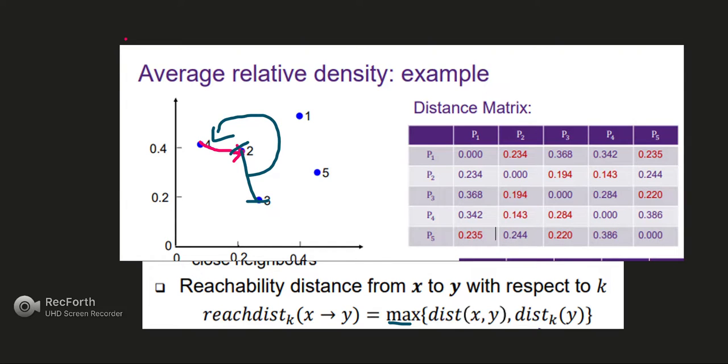Now, mechanistically, what does this mean? It means that you're going to go down the columns of your distance matrix, and you're going to replace the smallest value with the second smallest value. So let's look here.